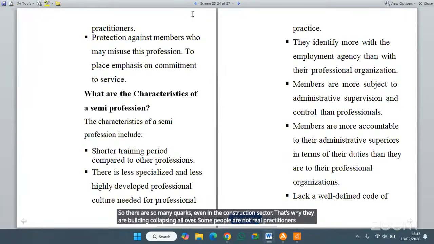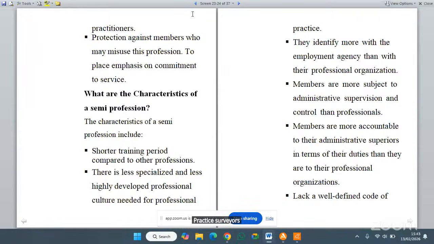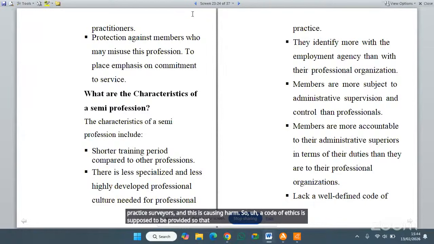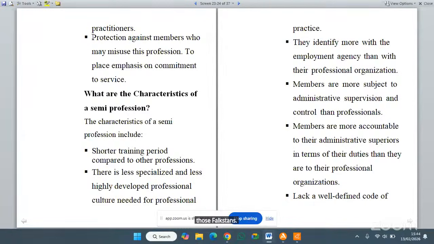They are using forged documents to practice as lawyers, to practice as doctors, to practice as surveyors, and this is causing harm. So a code of ethics is supposed to be provided so that it can be used to weed out those fraudsters. It also provides protection against members who may misuse this profession.